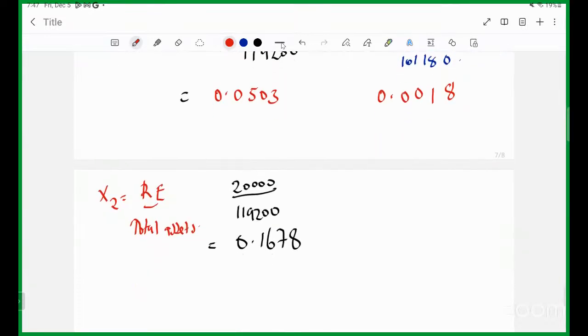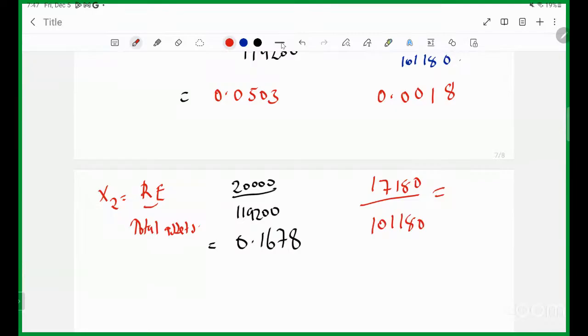So for X2, what do we have? Do we have 17,180 over 101,180? And what do we have?